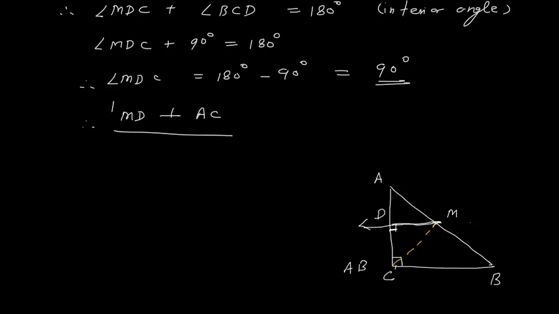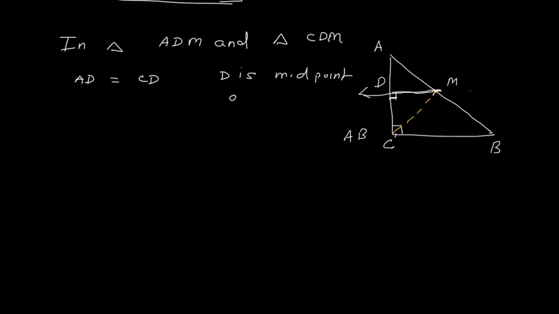Now third, we have to prove that AM and CM are equal. So for that, this also we can underline, put in bracket. In triangle ADM and triangle CDM, AD is equal to CD. Reason is D is the midpoint of AC. So AD is equal to CD.